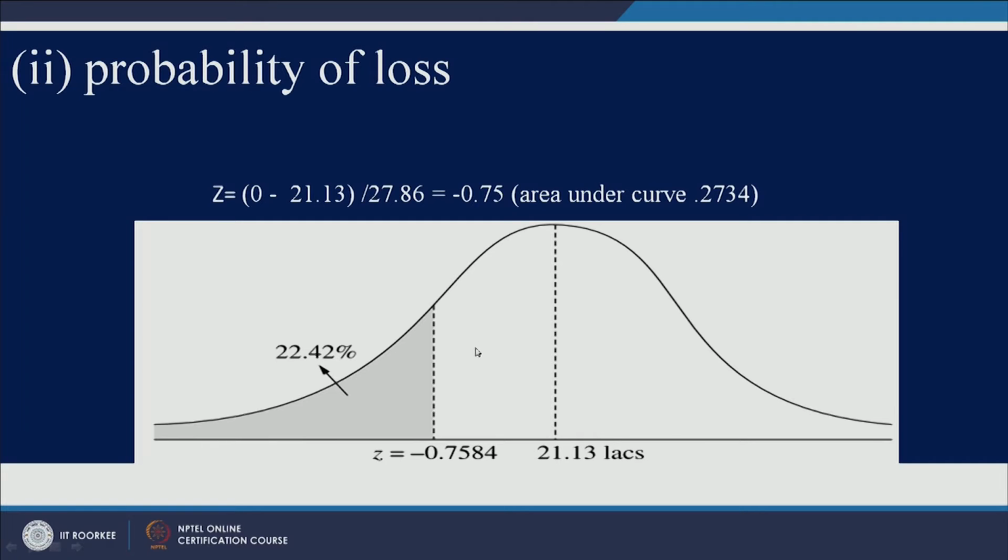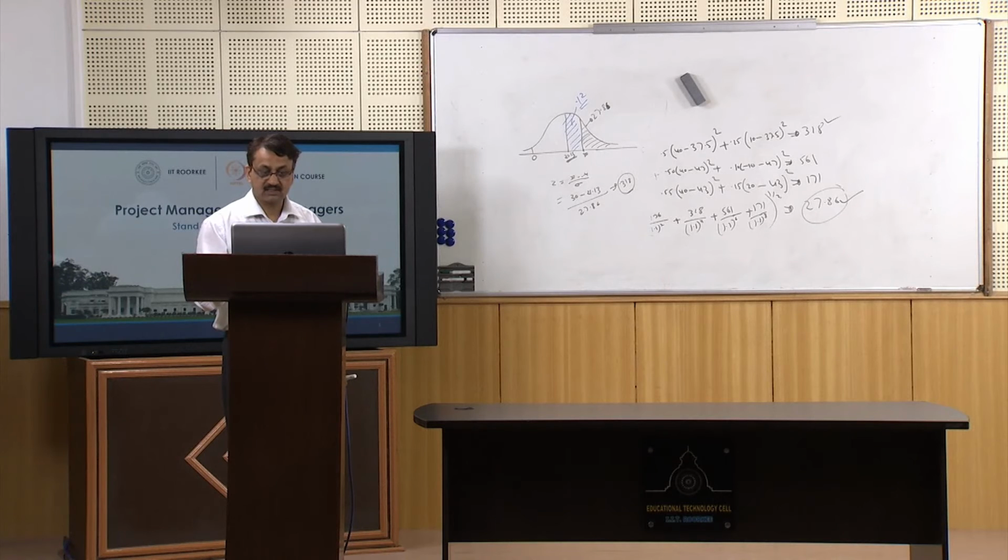So 0.5 minus 0.2734, you will get 22.42 as your answer, right. So probability of making a loss as far as this project is concerned is 22.42%, right.